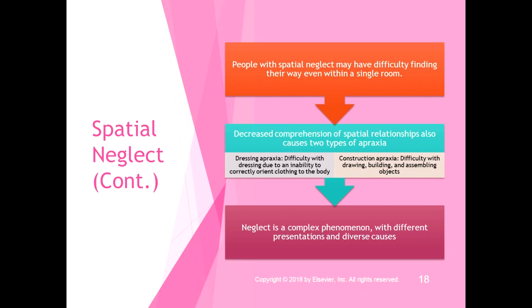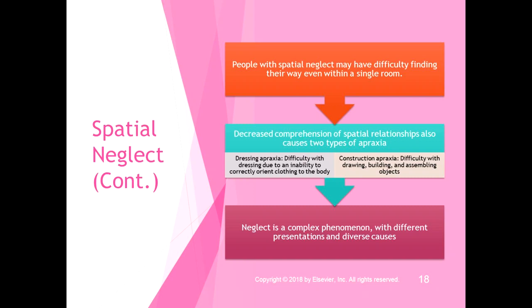So if you just hand somebody a coat and say, put it on, they can't get it oriented correctly to get the left arm in the left sleeve and the right arm in the right sleeve. They just have the inability to do that. So they need assistance. Construction apraxia is difficulty with drawing, building, and assembling objects. So the drawings that we looked at a couple slides back result from construction apraxia.